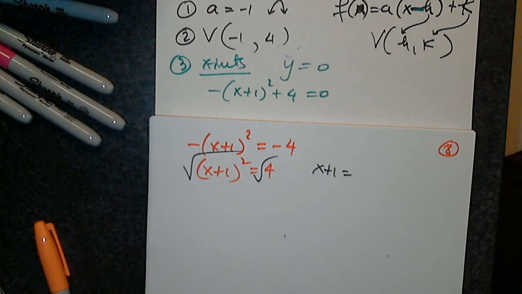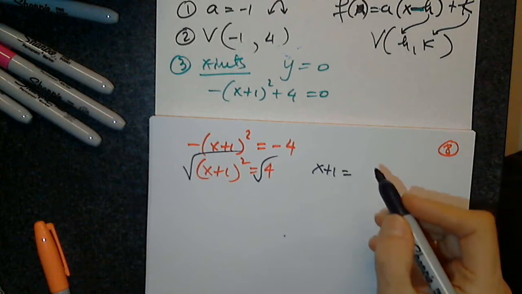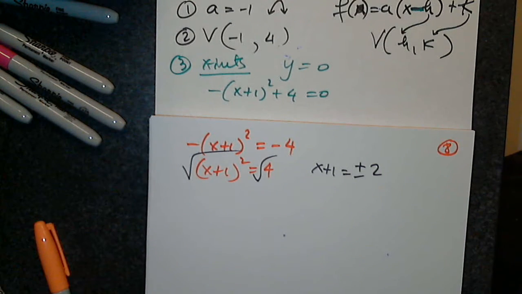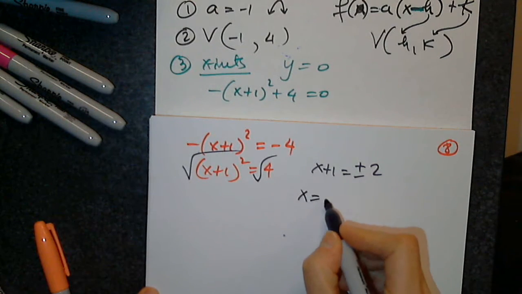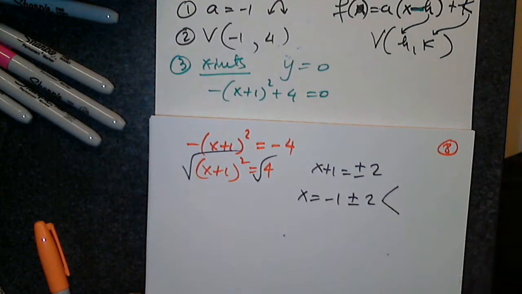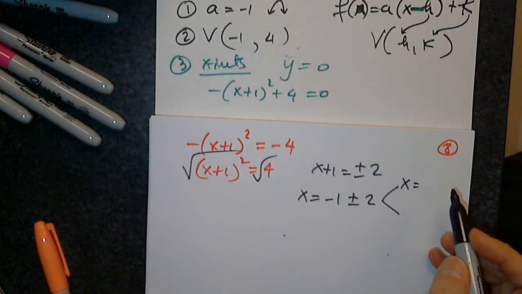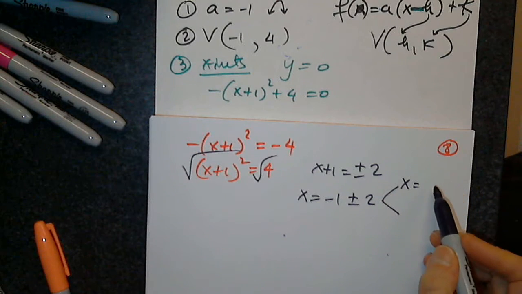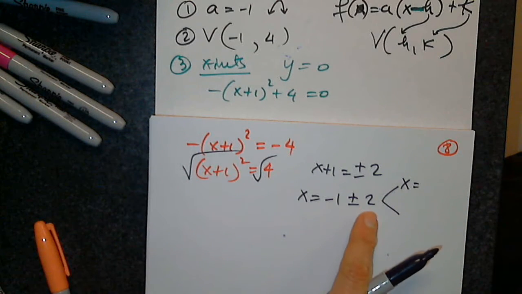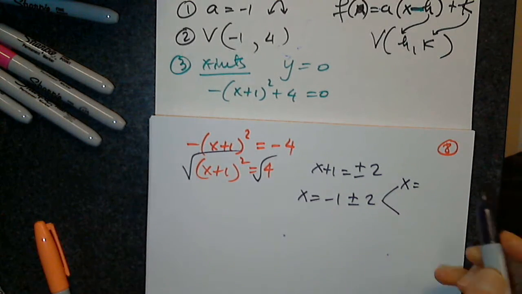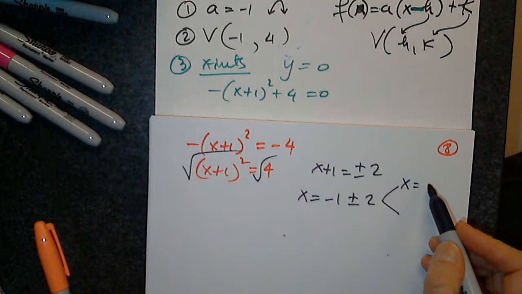Plus or minus 2. That's why I asked how many solutions, so we don't miss this. So x equals -1 plus or minus 2. Can anyone give us the 2 solutions, please? Careful. -1 plus 2, -1 minus 2.